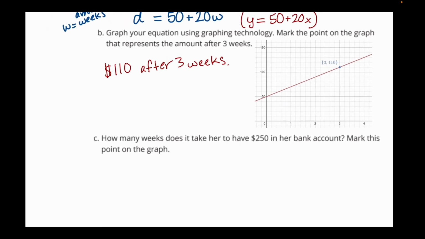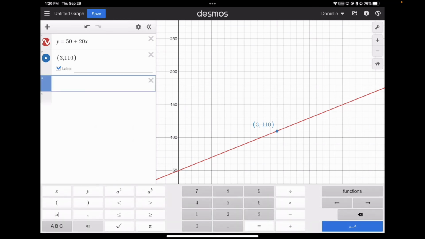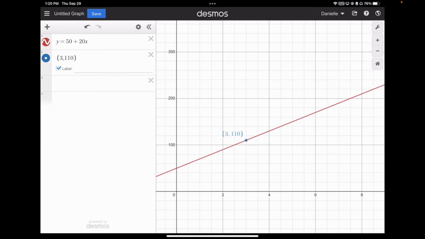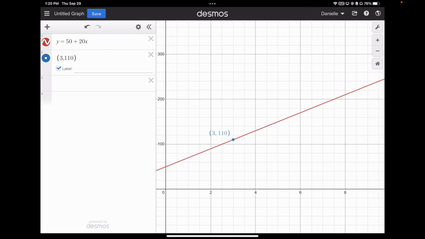Now, they're also going to ask us how much time it takes her to have 250 and mark that on the graph. So I'm going to switch back to my graph here. In order to find 250, that is an output value, so I might have to zoom out a little bit because it's not quite shown on my graph.